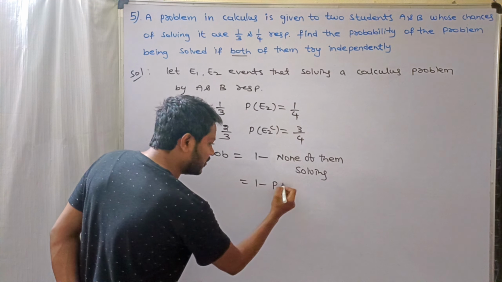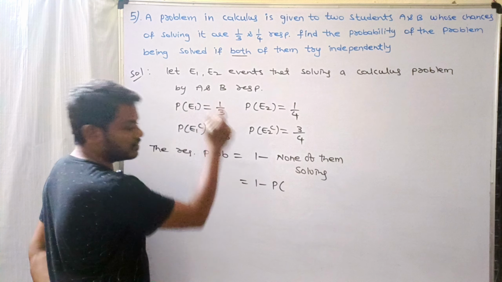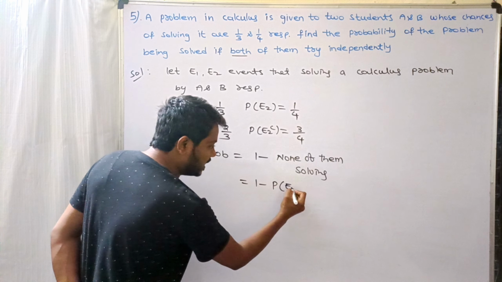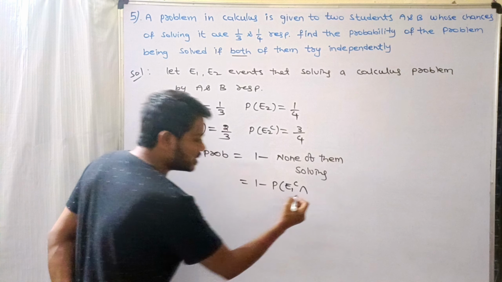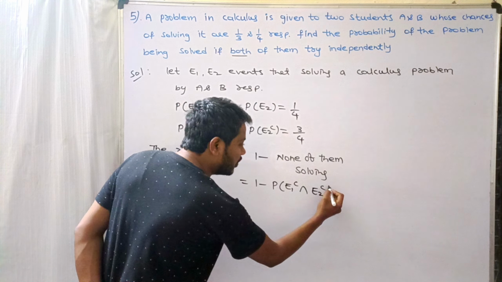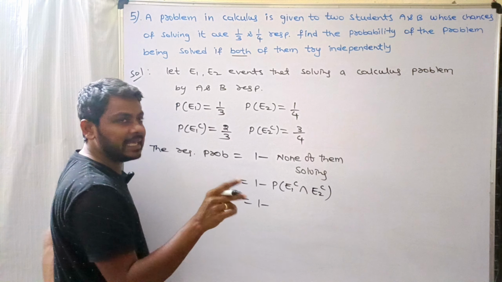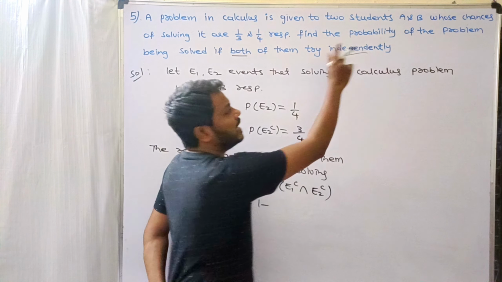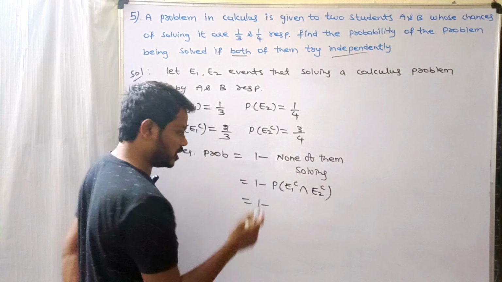That means P of what is A? Event E1. A does not solve, that means E1 complement, and B also does not solve, that is called E2 complement. So therefore it is 1 minus, both events are independent events. For independent events, remove the intersection, write multiplication.